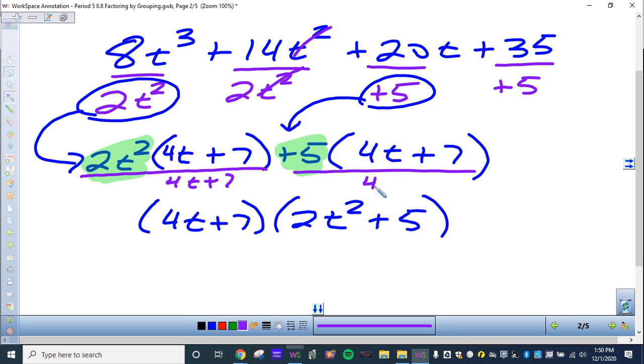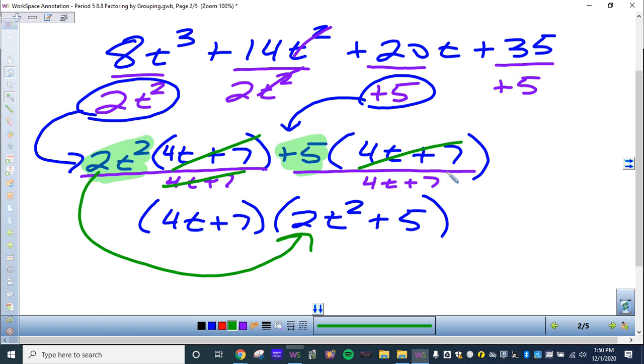Dividing this term by 4t plus 7, because when you do that, the 4t plus 7's cancel. That's where the 2t squared came from, right? And here the 4t plus 7's cancel. And that's where that 5 comes from. Okay? So sometimes it's just a little quick question.